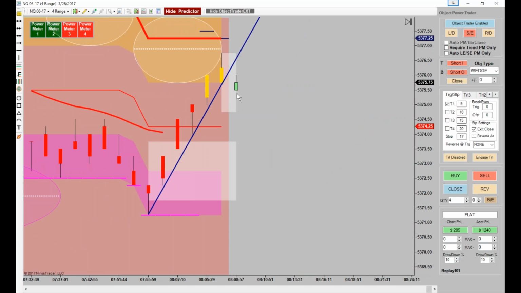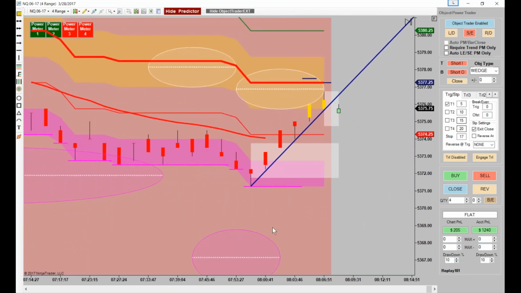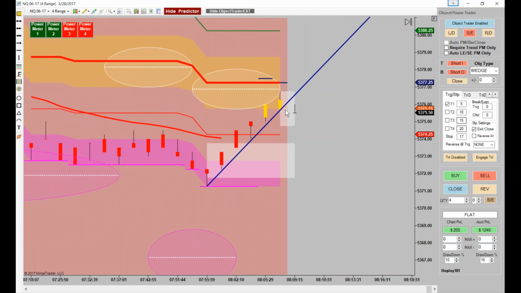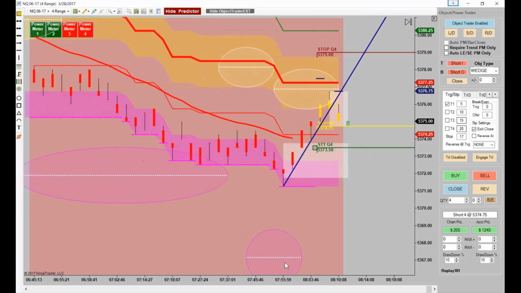Close right on the line, so we're going to have to wait on that bar to close, unfortunately. Now what you can do if you see this happening in real time, you can always wait for it to do like an ABC or even box it in with the wedge. Well, we got it, so I guess we're okay.